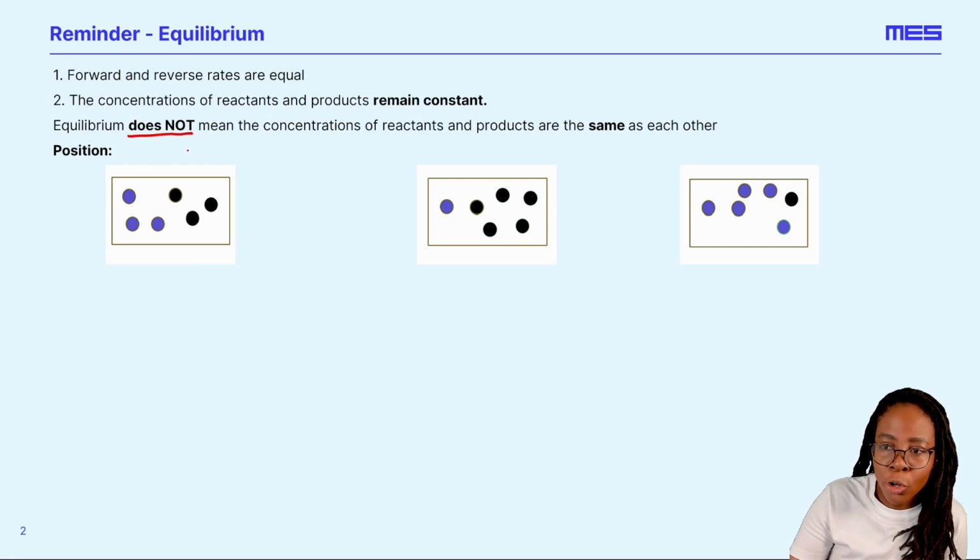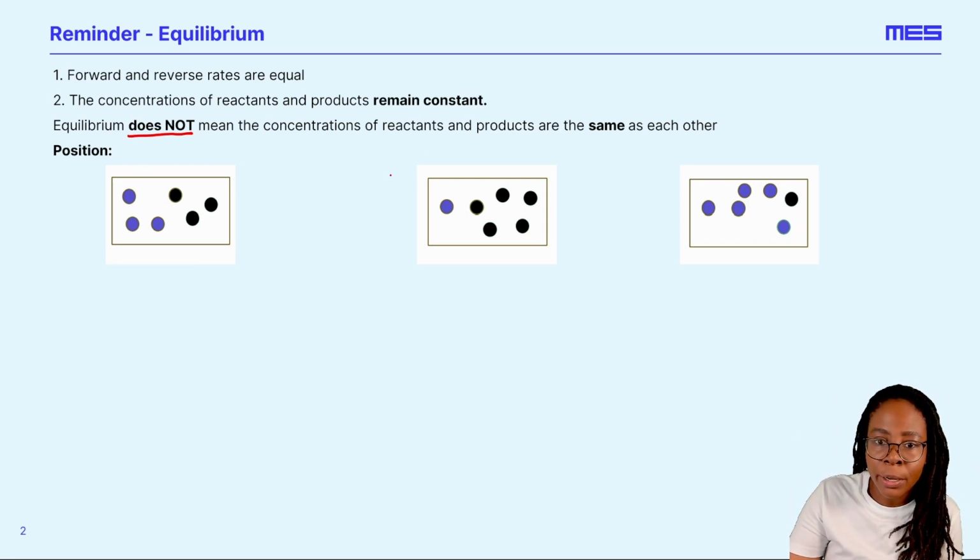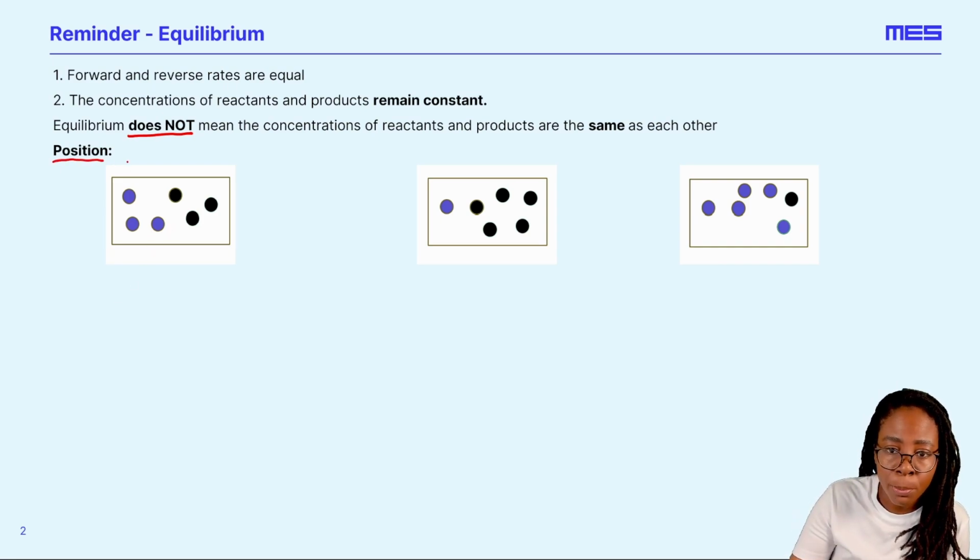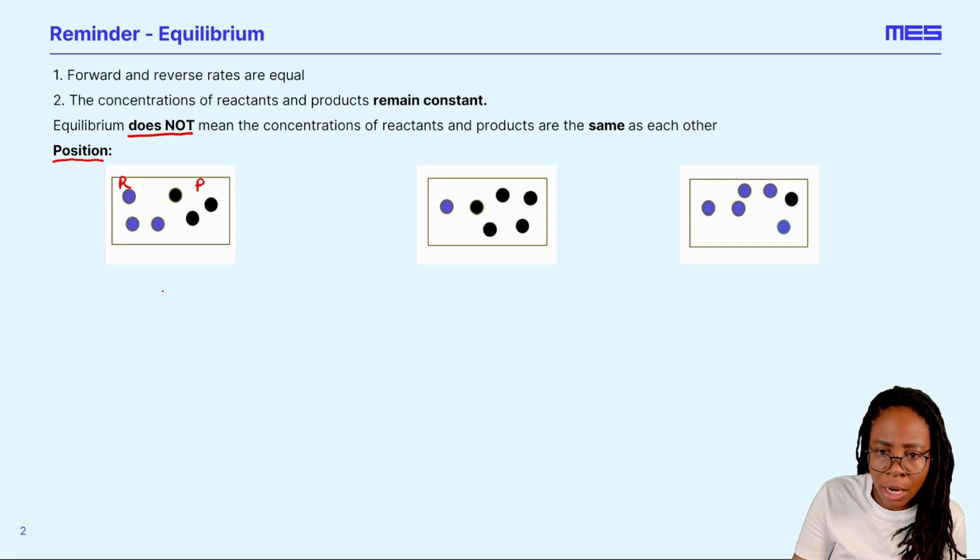Now, based on whether or not we've got more reactants or more products at equilibrium, we can talk about that as the position of the equilibrium. So in our first example, if our purple circles are our reactants and our black ones are the products, then we can see that we've actually got equal concentrations of reactants and products at equilibrium.